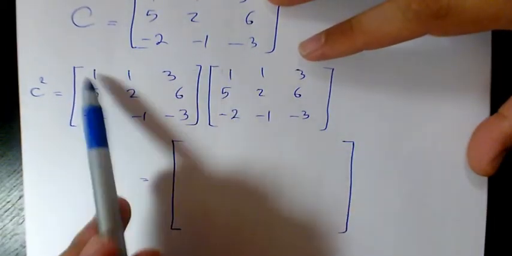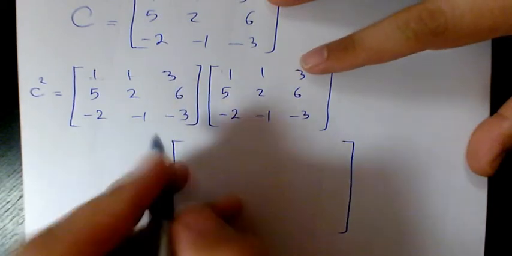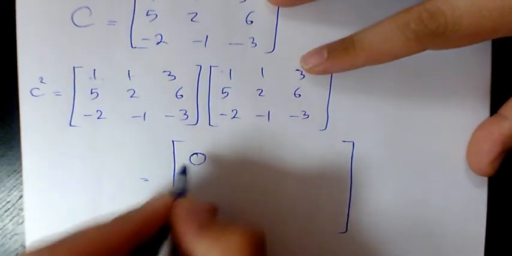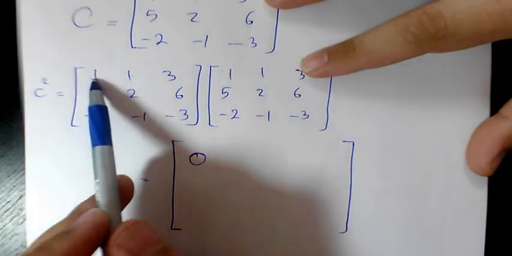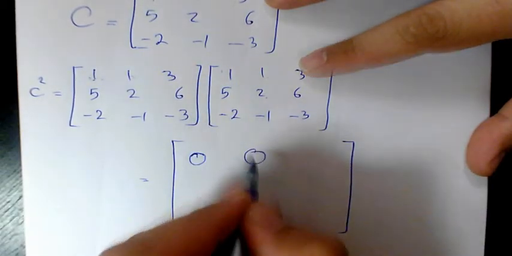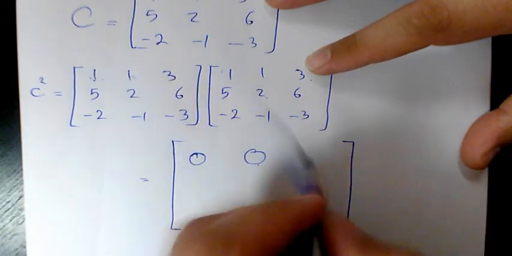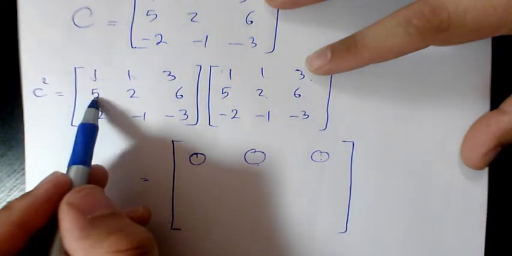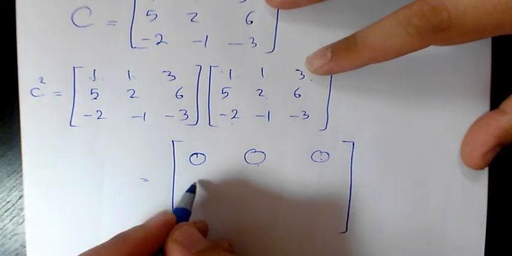this times this: 1 plus 5 minus 6, that's going to be 0. 1, 2 and negative 3, that's 0. 3, 6 and negative 9, that's 0. 5, 10 and negative 12, that's going to be 3.